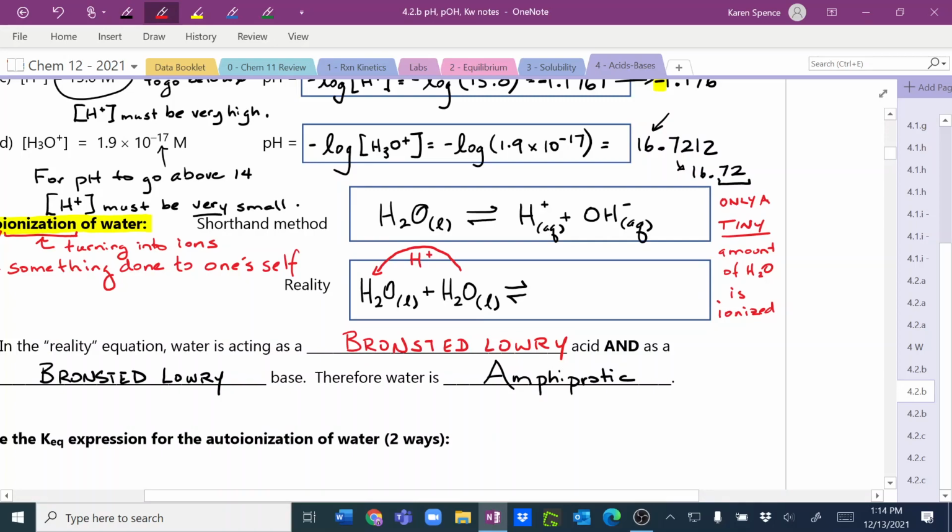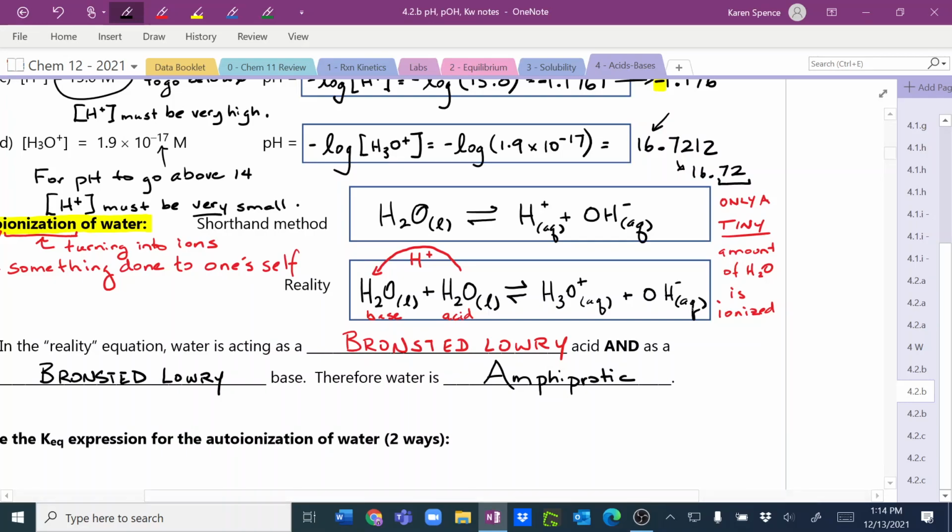So this one's going to act as an acid. This one is going to act as a base. And that means that that first water, instead of being H2O, will now be H3O plus aqueous, and that water that gave away a hydrogen, all it has left then is an OH minus. So that's what happens in reality.